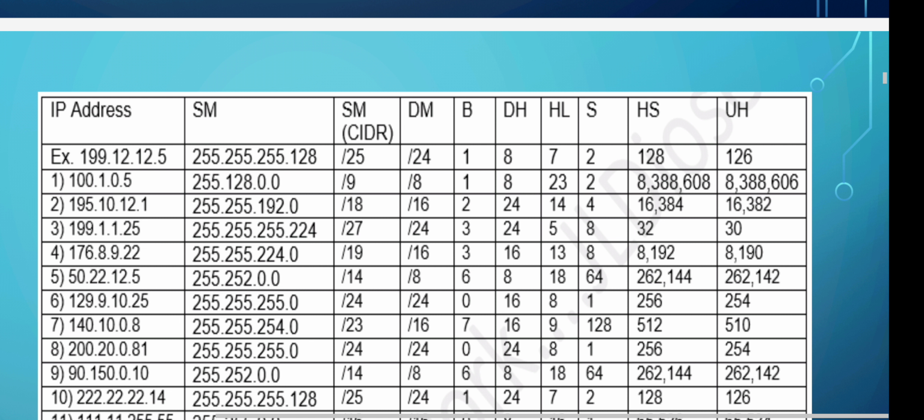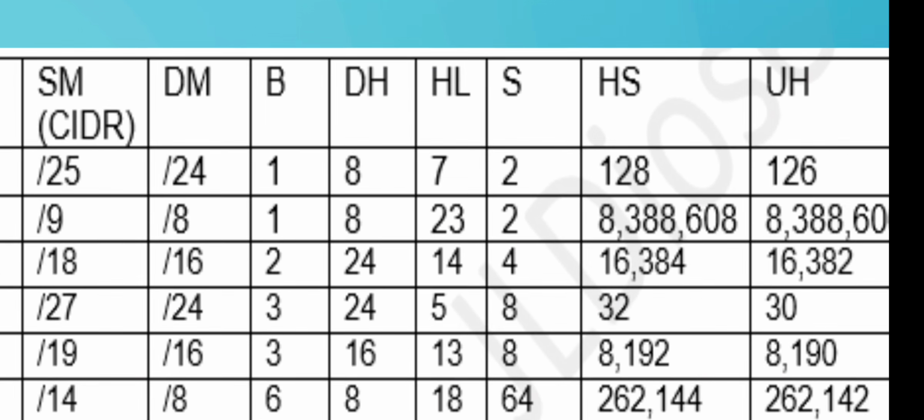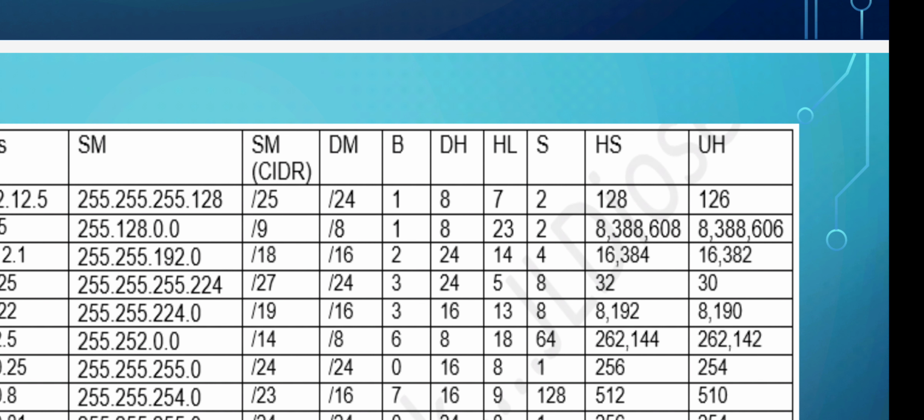So 2 exponent 1 is equivalent to 2. So the answer for the subnets is 2.